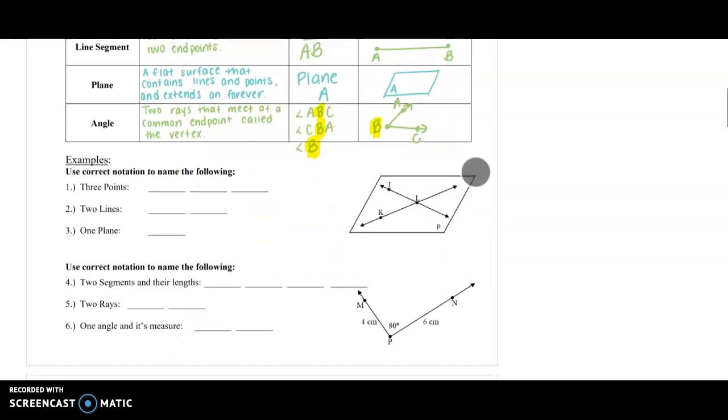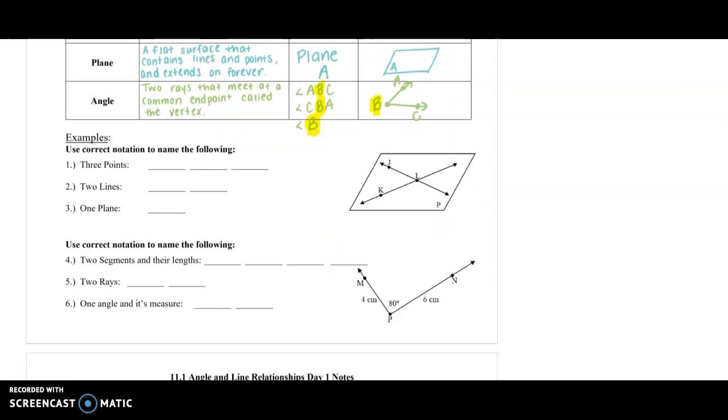Okay, so let's get on to some examples. We're going to use correct notation to name the following. So we're going to name three points. I could have point J, I have that point right there. I have point L, and I have point K. All three of those are points in this diagram.